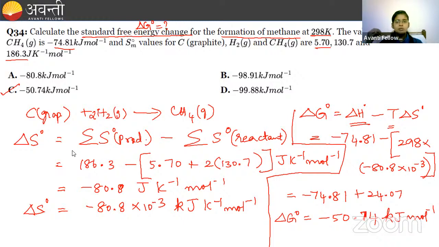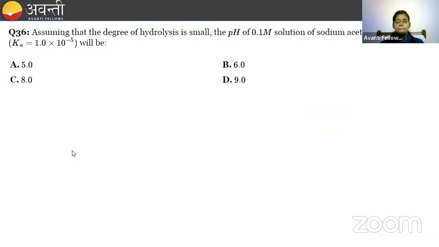Just remember the steps to be followed. There are only two things you have to keep in mind: one is the delta S formula, the other is the delta G formula. That's all. Now let's go for question number 36.